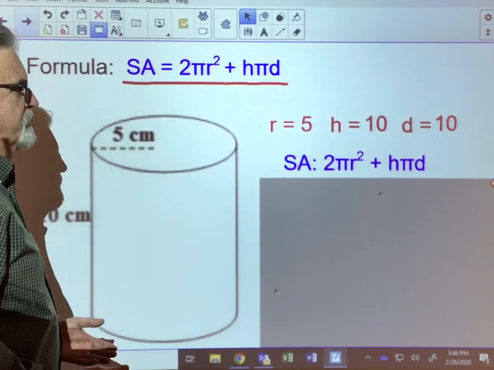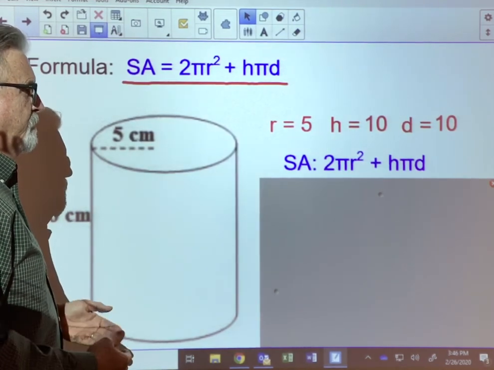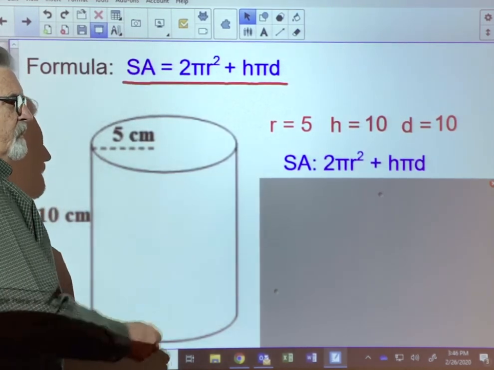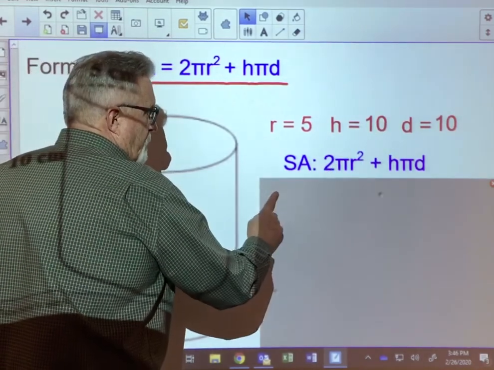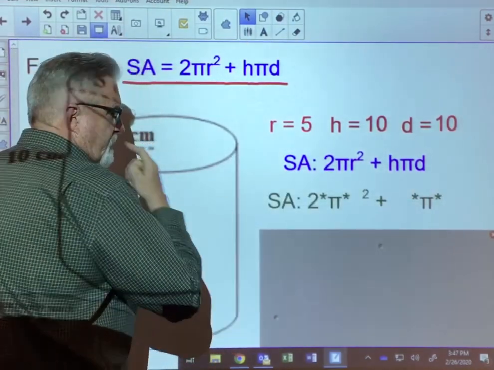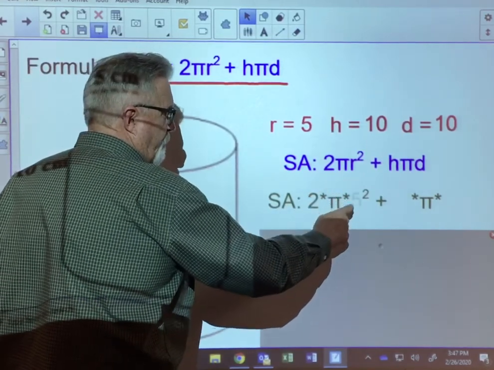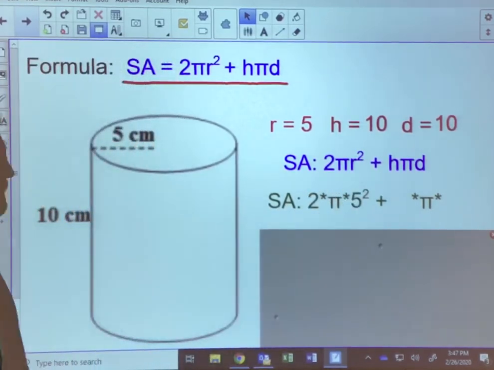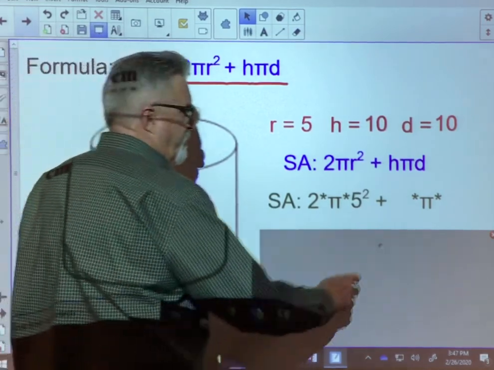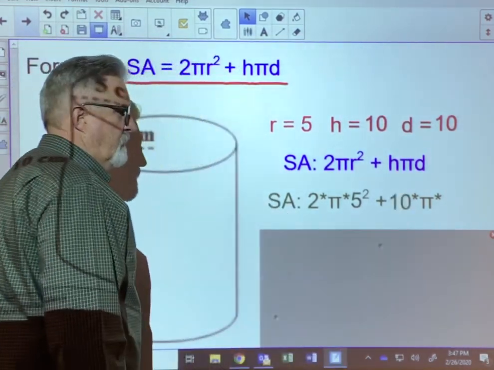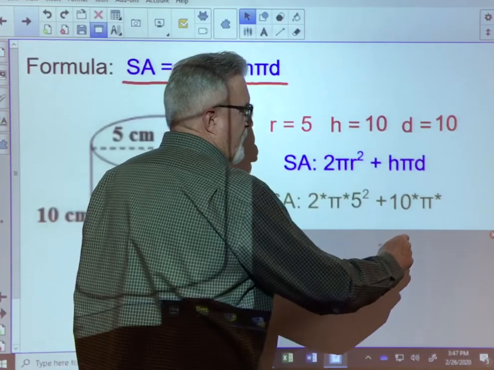From this point, it's just a matter of plugging in the measurements for the corresponding variables. So when we look at this, we've got 2 times pi times the radius. Well, the radius was 5, so let's plug it in. Plus the height, well, the height was 10, times pi times the diameter.